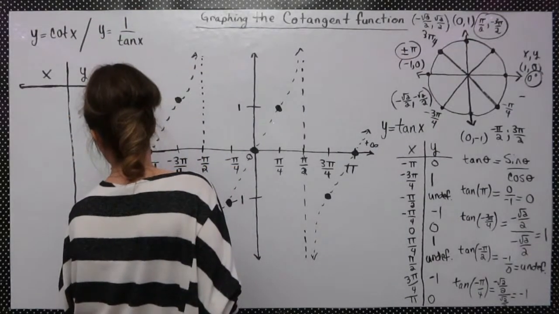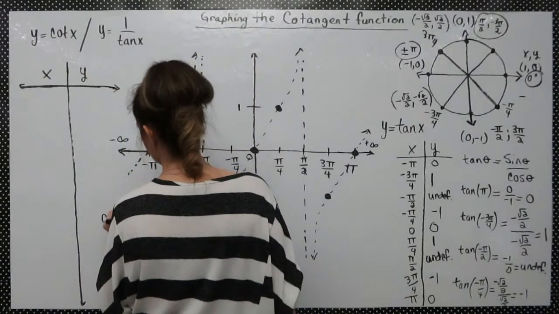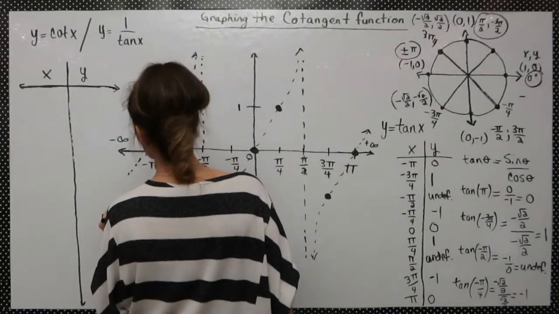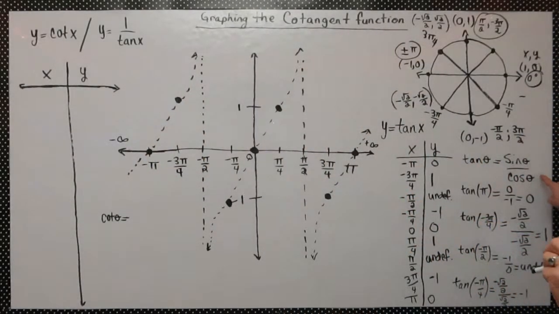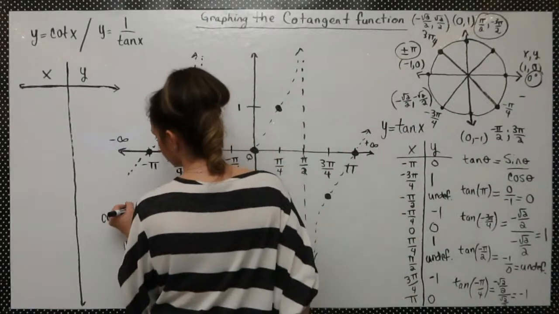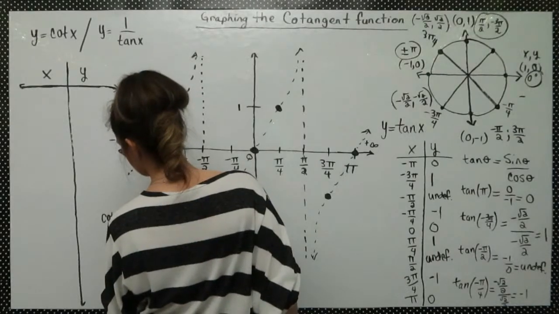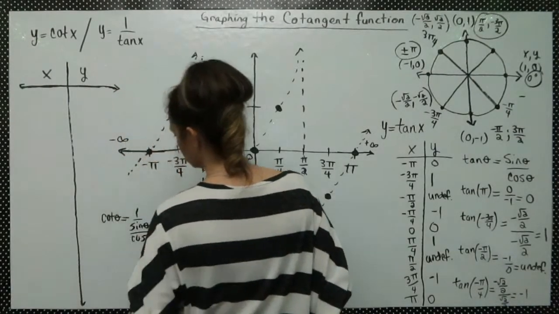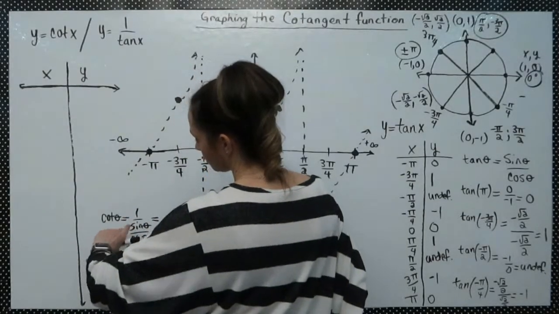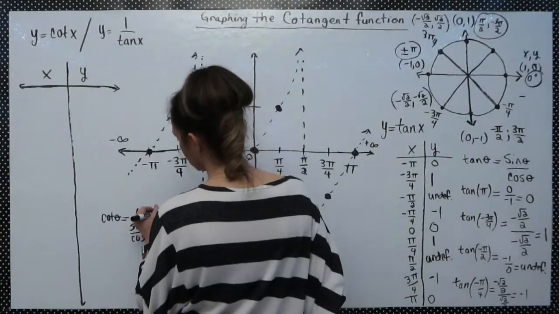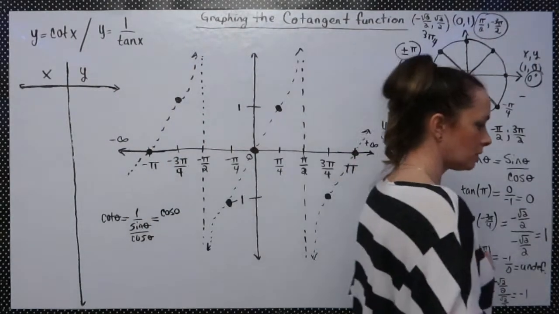Cotangent theta is, so if tangent theta is sine over cosine, cotangent is 1 over sine over cosine. Then when you invert and multiply that second denominator, you're going to end up with cosine theta. Maybe I'll just show it real quick.